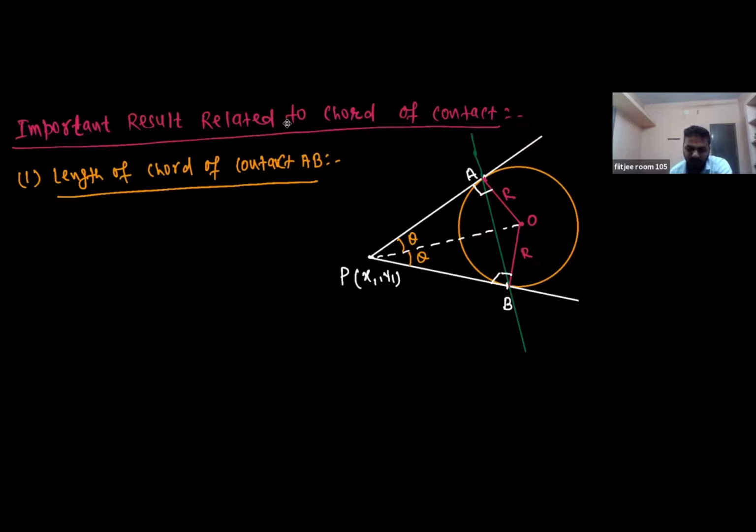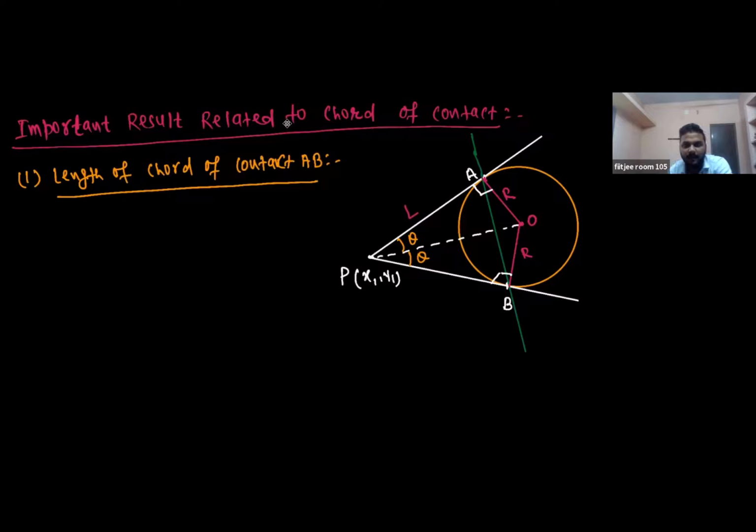Both are 90. Very good. After that, angle APO is given as theta, and this length of point P is given. So PA length I can say is L.